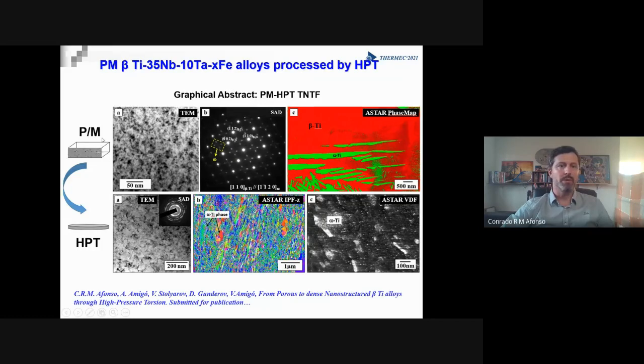We were going to convert a powder metallurgy sample with around 5 to 10% porosity, in just one step, to a dense sample, and at the same time with a nanocrystalline structure by HPT. This is just a summary of the results obtained that I'm going to show as follows.